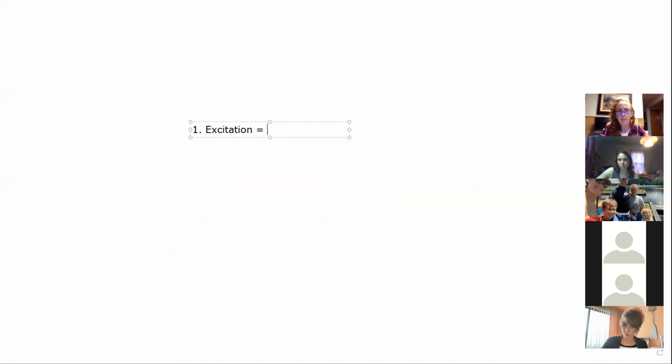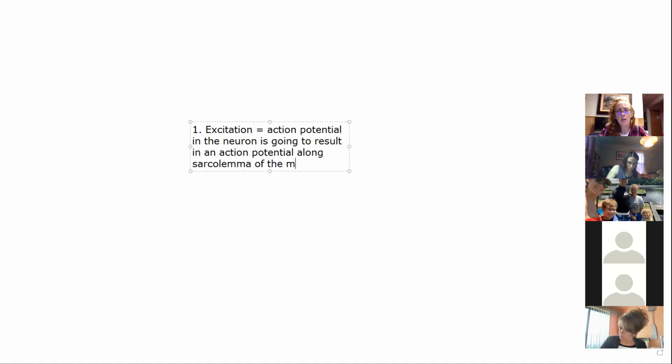An action potential in the axon, in the neuron, is going to result in an action potential along the sarcolemma of the muscle. That's our first step.